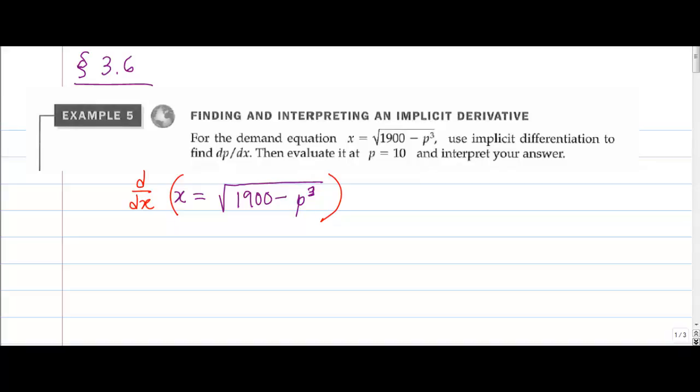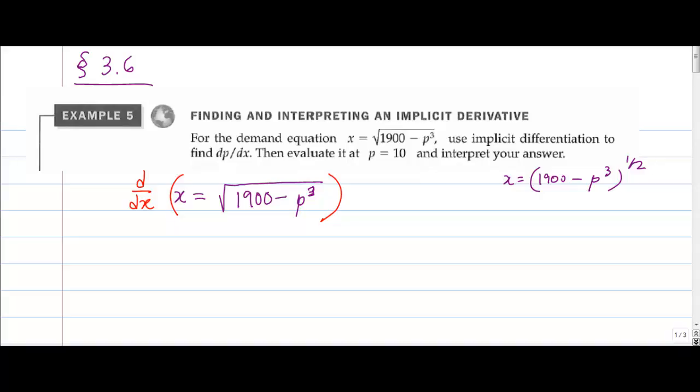Okay, so now we can write this as x equals 1900 minus p cubed raised to the 1/2. We can do that. But then I'm going to have to use a chain rule, right? It's going to get a little messy. So what's a good idea is to square both sides.